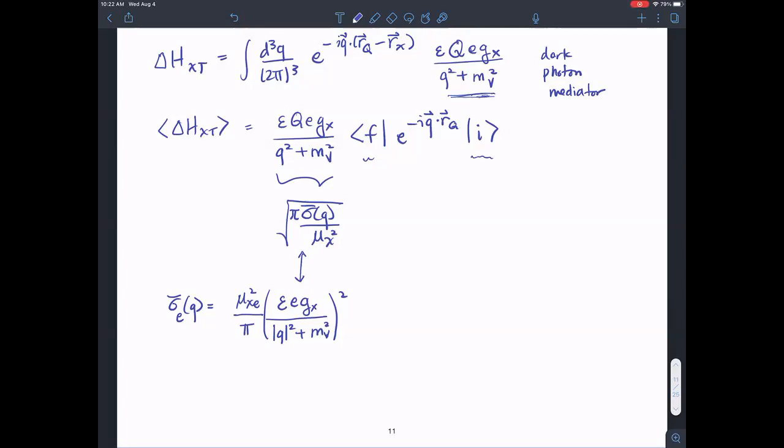You have additional corrections, but they're smaller by roughly the dark matter velocity, because you get them from the relativistic theory. Other questions?